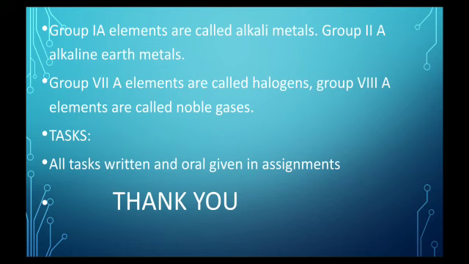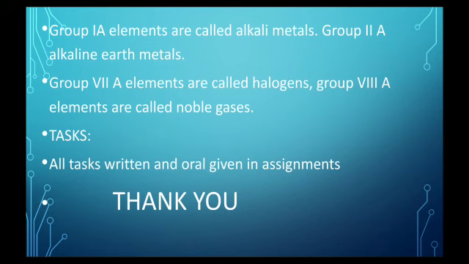Okay, so for the periods and groups, study all the topics properly from the book, and learn about the groups and the periods. You have studied the electronic configuration. Just by doing the electronic configuration, you will be able to find out the group number and the period number of each element.